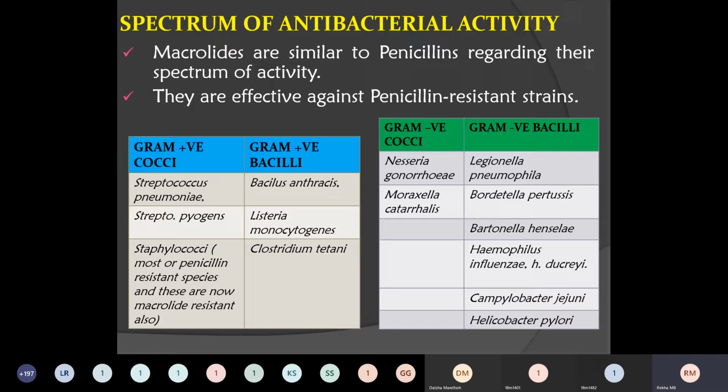Under gram-negative cocci, it is effective against gonococci and Moraxella catarrhalis. Under gram-negative bacilli, it is effective against Legionella pneumophila, Bordetella pertussis, Bordetella parapertussis, Haemophilus influenzae, Haemophilus ducreyi, H. pylori, and Campylobacter jejuni.